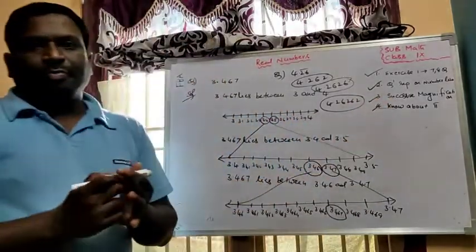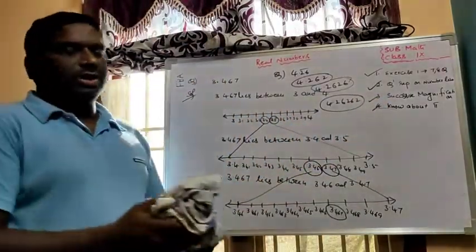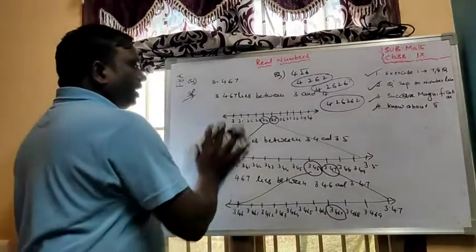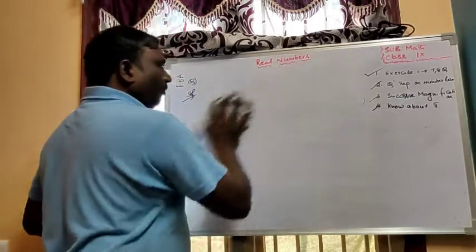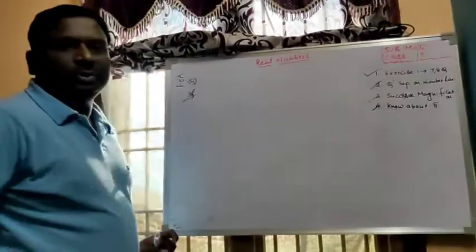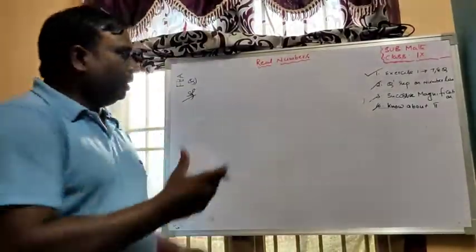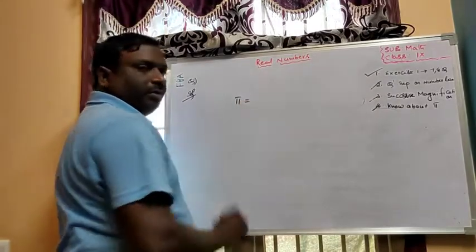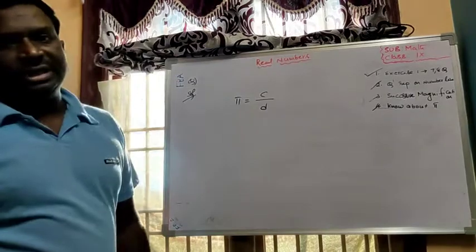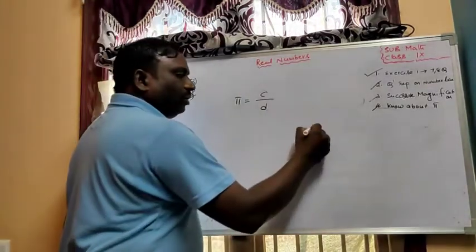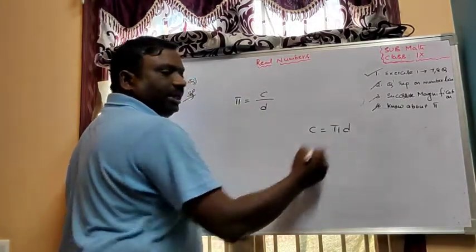Know about pi. I'll give the oral explanation; better to write it down. All of you know about pi. Pi is nothing but the ratio of circumference and diameter. Already you know the circumference of the circle formula is pi d.